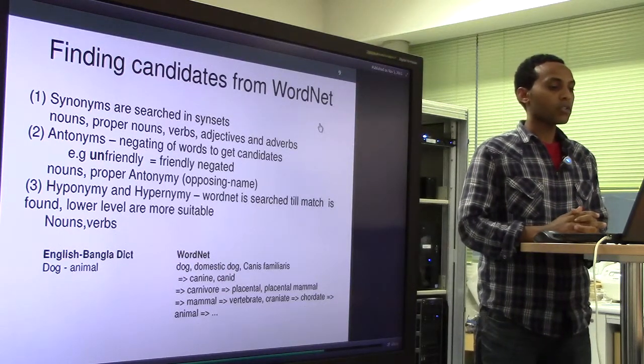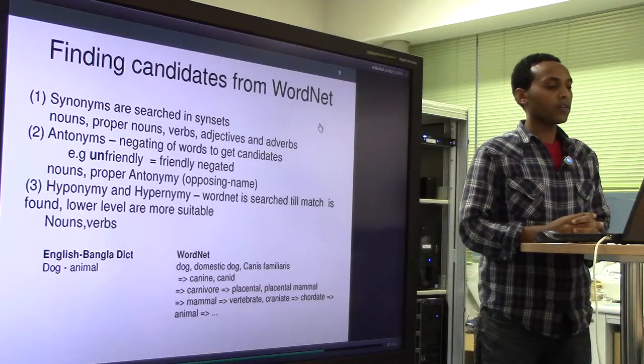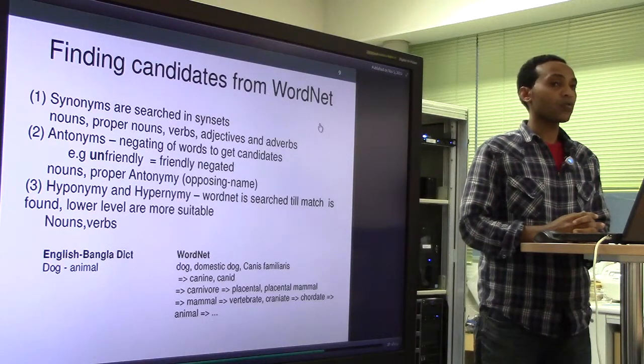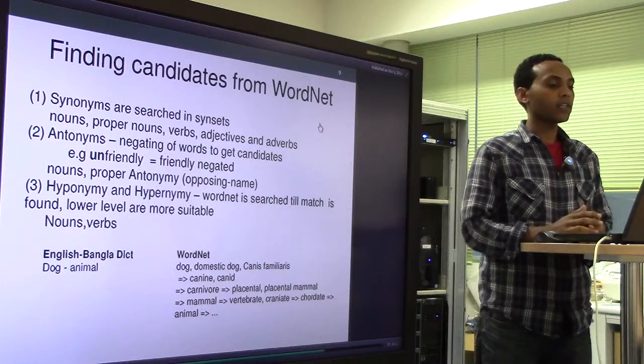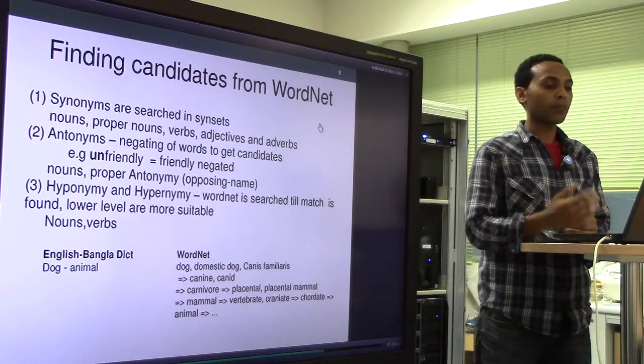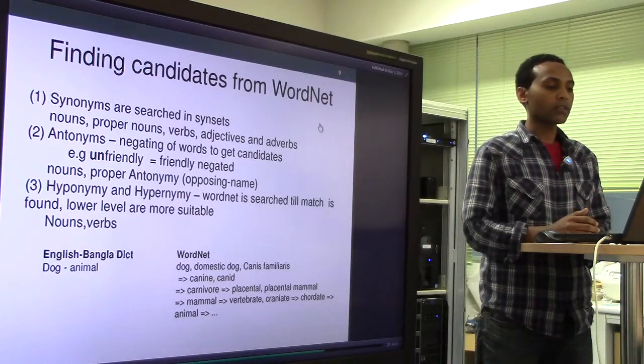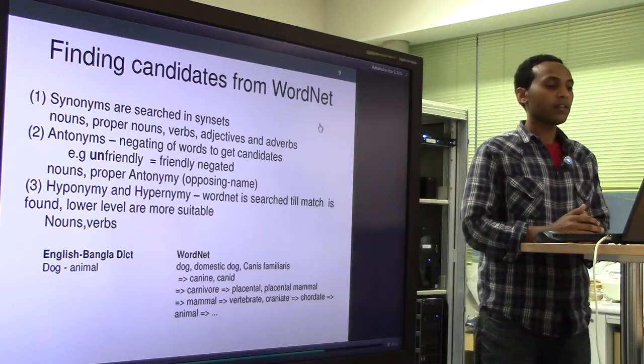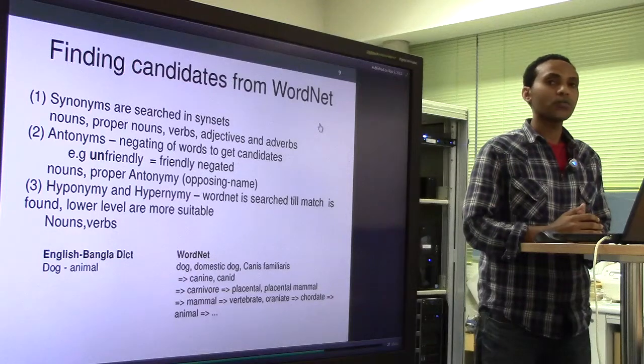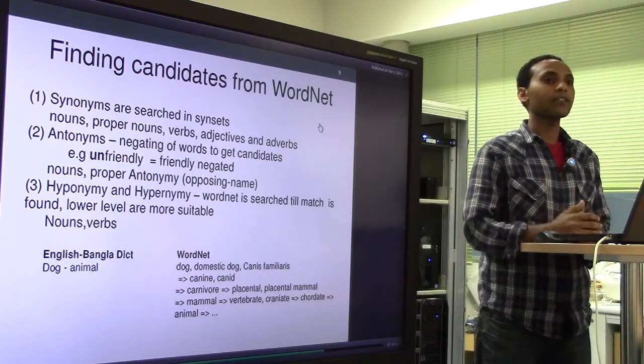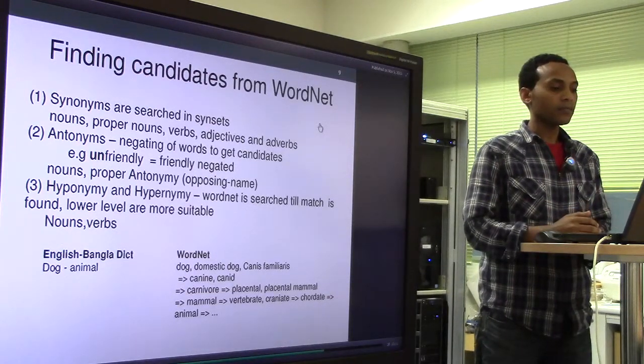And for antonyms, if the word is not found as a synonym, by finding its antonym, they can come up with the translation candidates. For example, unfriendly. If this word is not found, then they try to search for friendly, and then they negate the result.